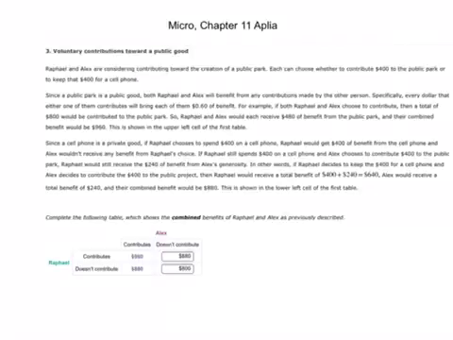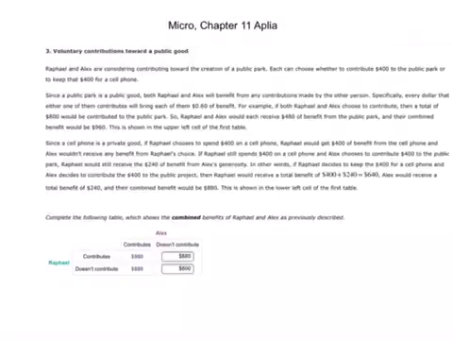So we've got this little table here that we had to complete. Okay, so if they both contribute to the park, that means they both get 60% of the $800, $400 a piece contributed. That's $960. If Raphael contributes, but Alex does not contribute, that means Alex gets $400. That was the cell phone benefit that he purchased, plus the $240 extra benefit because Raphael contributed to the park.